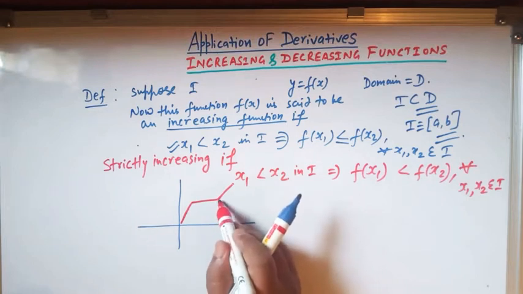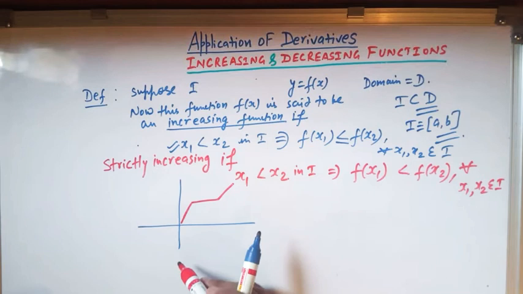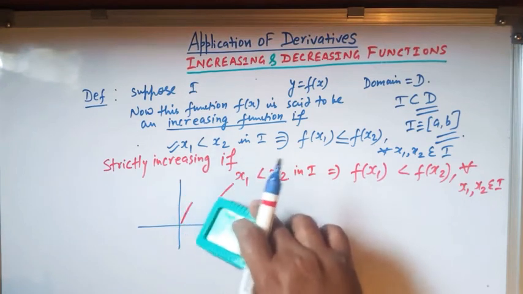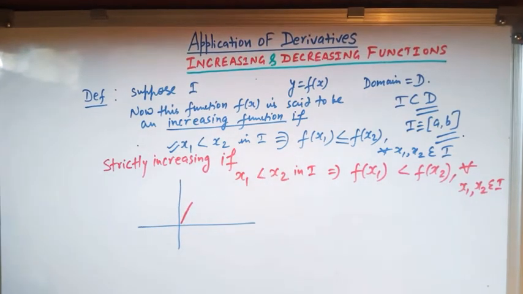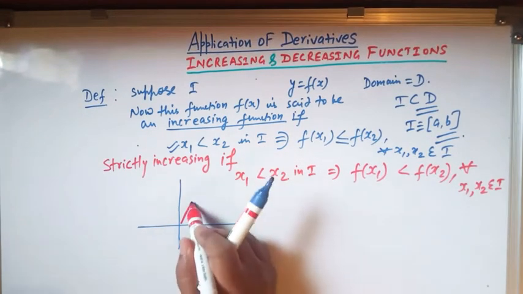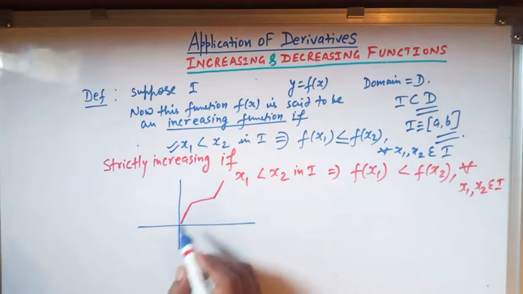Now this is known as an increasing function, because it satisfies our definition. So we can draw it like this. So this is an increasing function.